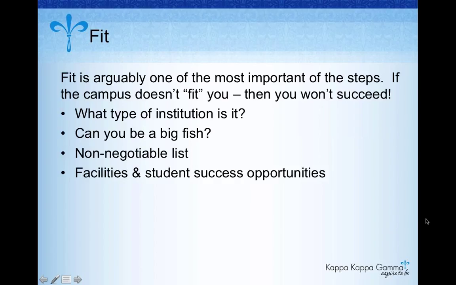Being able to determine the type of institution is going to help you immediately narrow down that list of universities to look at besides location. So as soon as you know, I don't want to be on the West Coast, but I do want a large public institution, anybody on the East Coast or Midwest or anything like that that is not a large public institution is off the list. And you go from there.